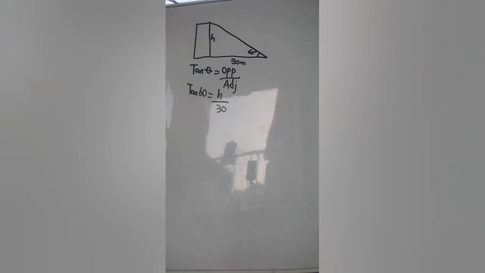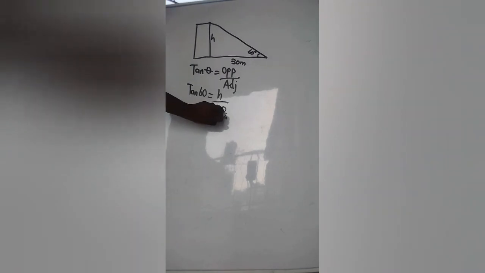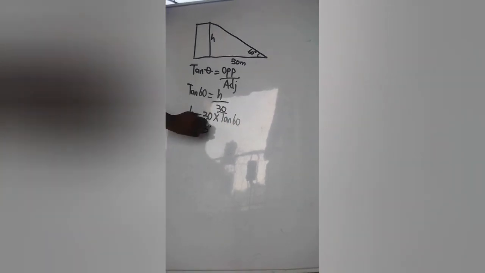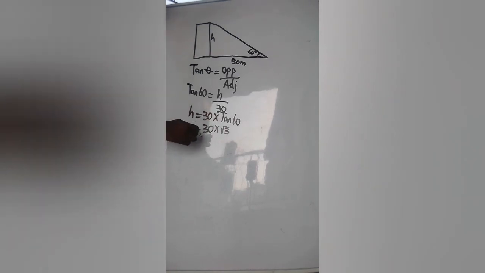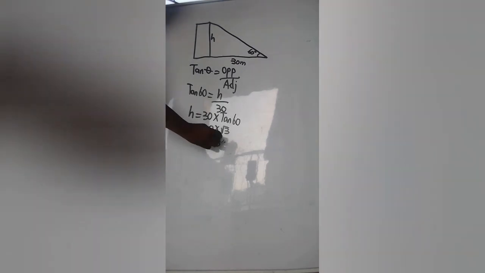We move further by saying h, which is the height, is equal to 30 times tan 60, and tan 60 is root 3, so the height is 30 root 3 meters.